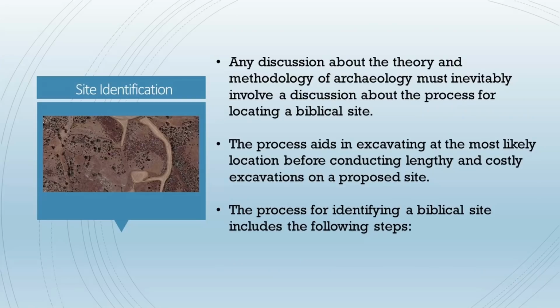So any discussion about the theory and methodology of archaeology must inevitably involve a discussion about the process for locating a biblical site. This process aids in excavating at the most likely location before costly expenditures and years of digging and realizing you're at the wrong place. There are 6 steps.